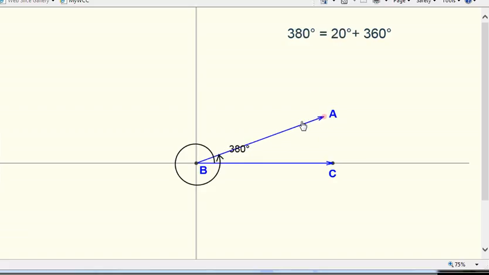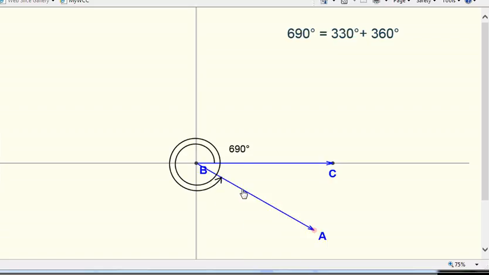Can I continue? Yes, I can continue like this. I have another full rotation. When I have another full rotation, what would that become? 720 degrees. So that is also a coterminal angle with 360 degrees and 0 degrees.